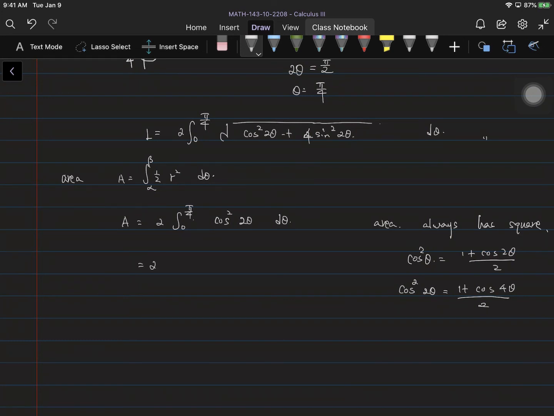So, 2 times, sorry, I forgot the 1/2 here, right? So cancel the 2 and 1/2, and the cosine squared 2 theta d theta, just copy it. Let's do one more step. 1 plus cosine 4 theta d theta, which is 1/2. Evaluate that one.